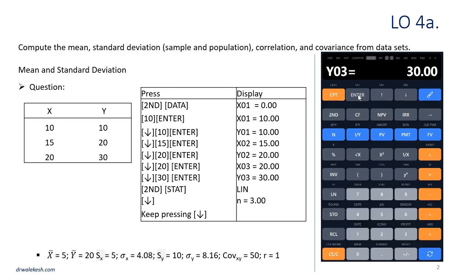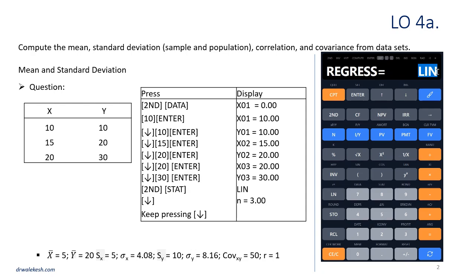So the next step is to compute the mean, standard deviation, etc. So we need to press second function start. So we have LIN, linear, on the face of our financial calculator. This is what we need, but let us assume that we have something else outside this LIN.